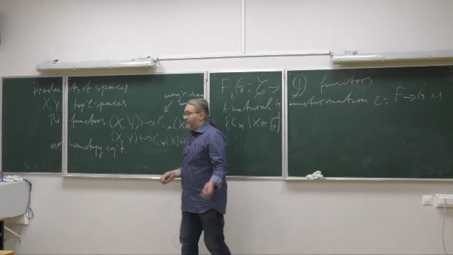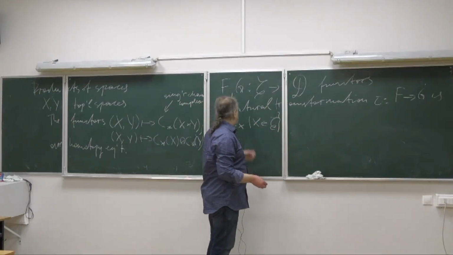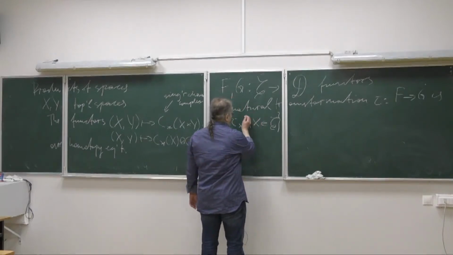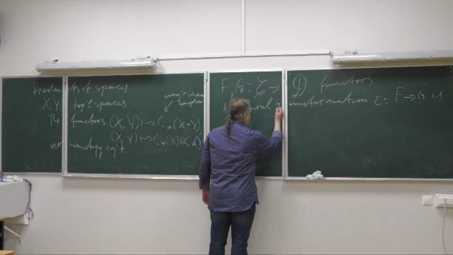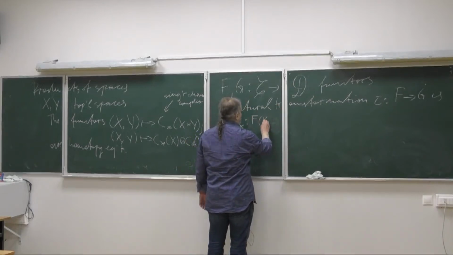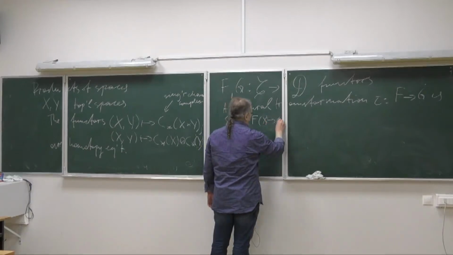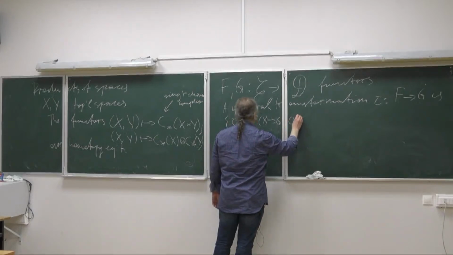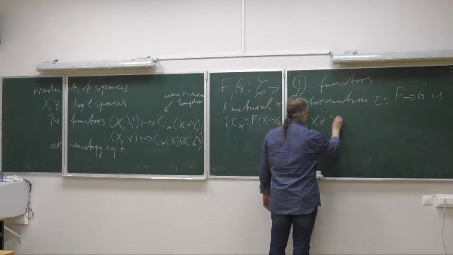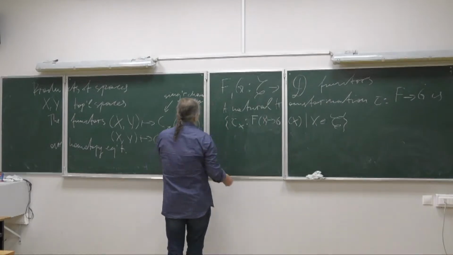A natural transformation between two functors is a collection of maps or morphisms. Let me say from where to where.